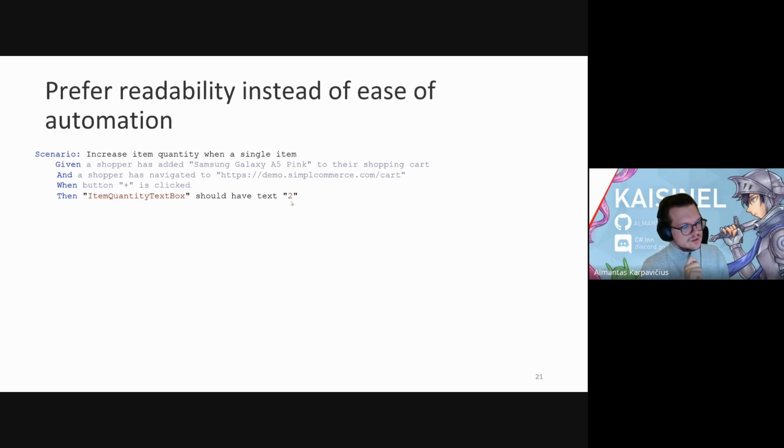And this "2" in quotes is also not great, because we don't think about numbers as text. It's a number, so it shouldn't be in quotes, and that word text is unnecessary.